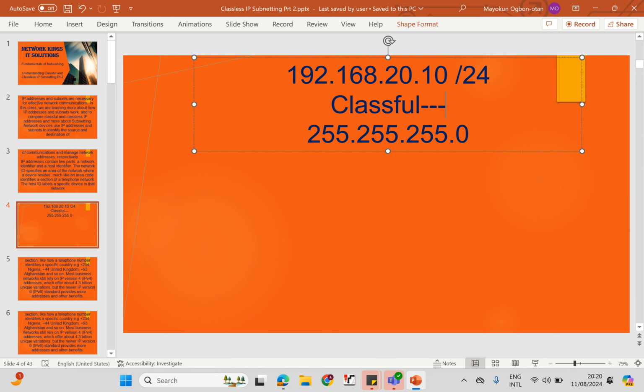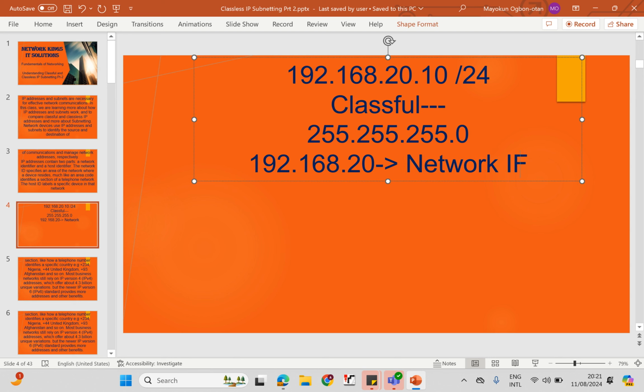Okay. So like I was explaining, 192.168.20 is the network portion, so let me type it here. 192.168.20 is the network portion or network ID.